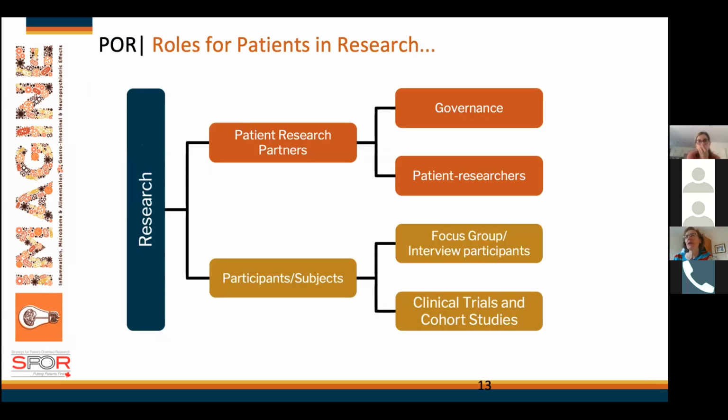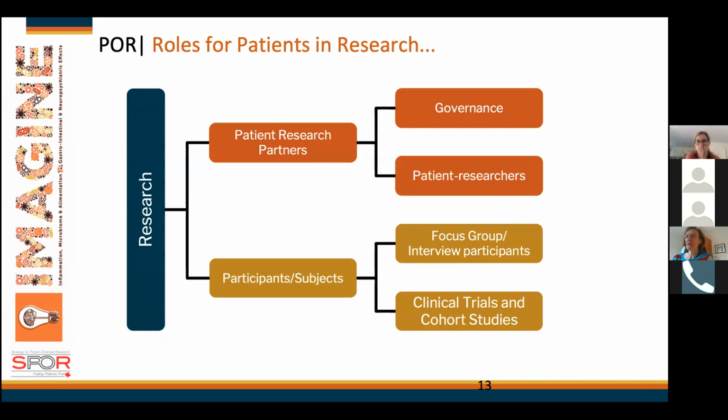I also want to make the point, and I'm not sure if everybody, this becomes clear when you're doing this, but there's a difference between patients as partners in patient-oriented research and being engaged versus as participants and subjects. And both happen.